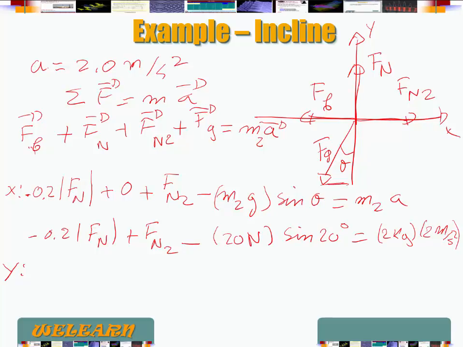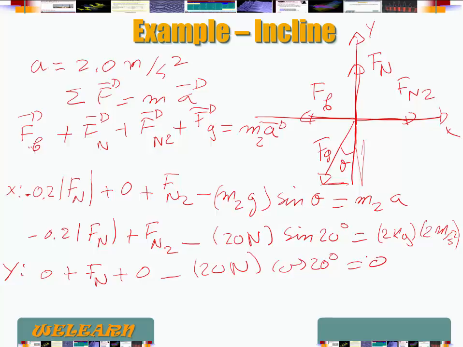Friction force has no component along the y. Normal force is going to be the full Fn. Fn2 has no component along the y. Fg is going to have this component along the y, which is minus 20 newtons cosine of 20 degrees. And A has no component along the y.